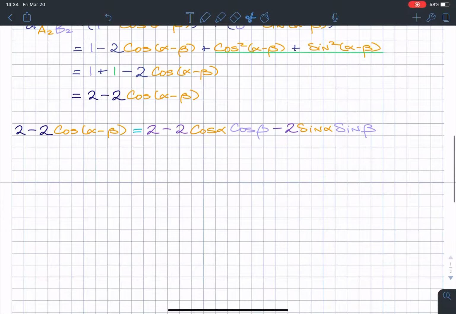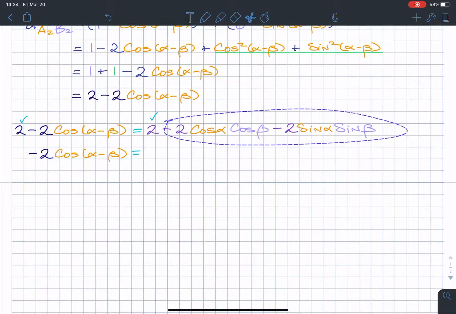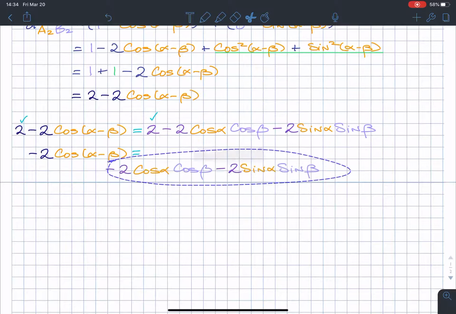Okay, so now, do you agree that if I subtract 2 on either side, those go away? So what I'm left with then is negative 2 cosine alpha minus beta is equal to everything except that initial 2.